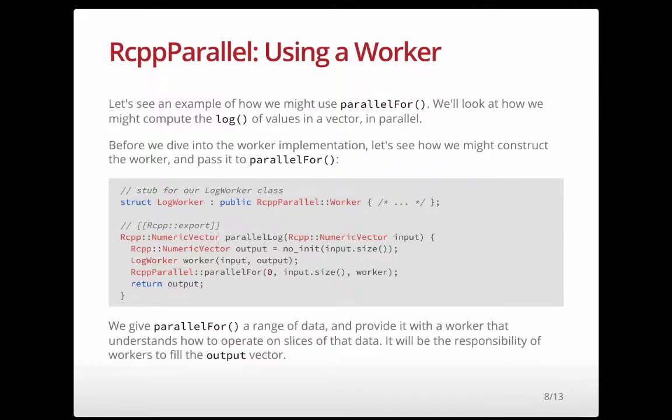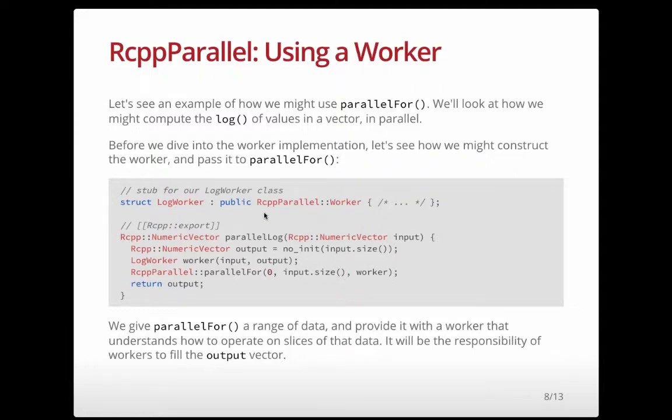All right, so let's start with a little example of how you might use a parallel worker, just to see how you would call it before we think about how we would implement a worker. First, this is a little stub of C++ code where we're trying to compute the log of a vector in parallel.